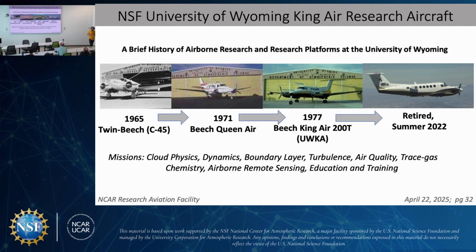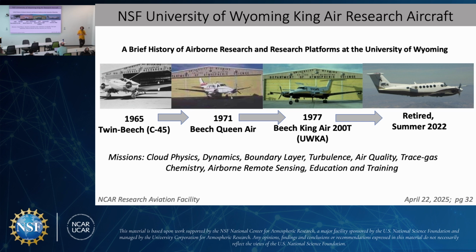That aircraft, the King Air 200 N2UW, became part of the NSF fleet in 1987, and from 1987 through 2022, we operated it under many different cooperative agreements with the National Science Foundation. It's a versatile aircraft.